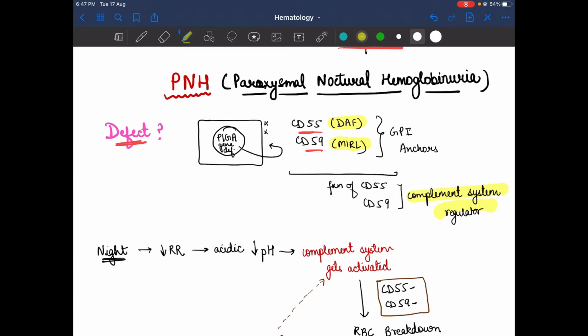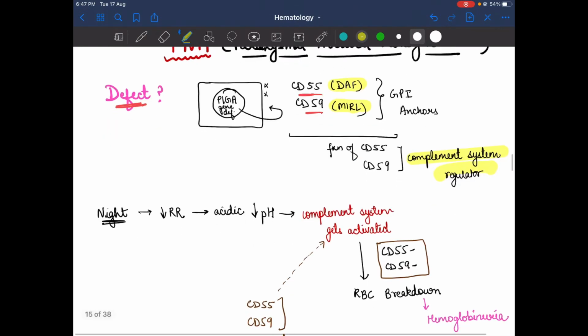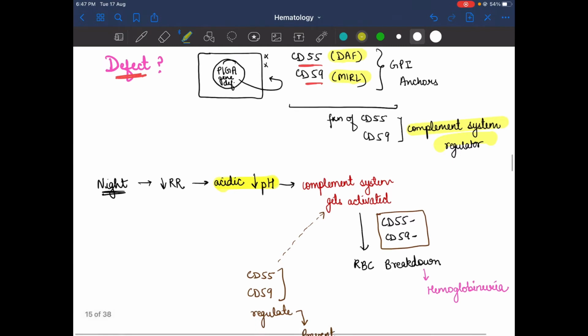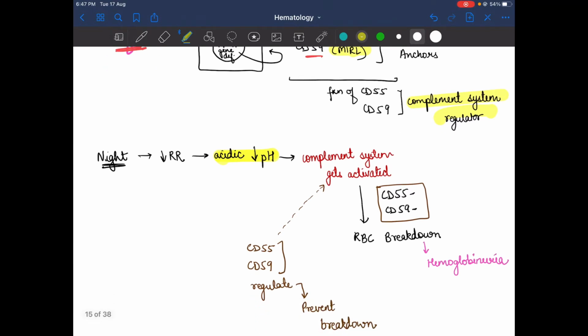So in the night, as the respiratory rate decreases, the pH becomes acidic, so the complement system gets activated. As CD55 and CD59 are deficient, RBC breakdown starts.